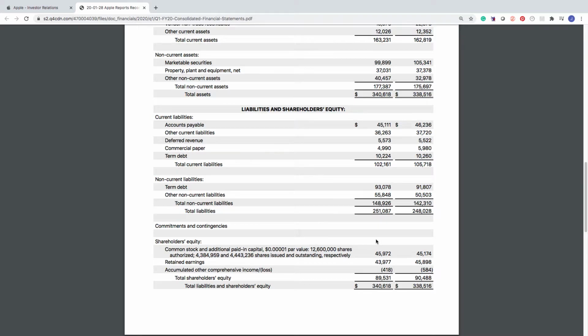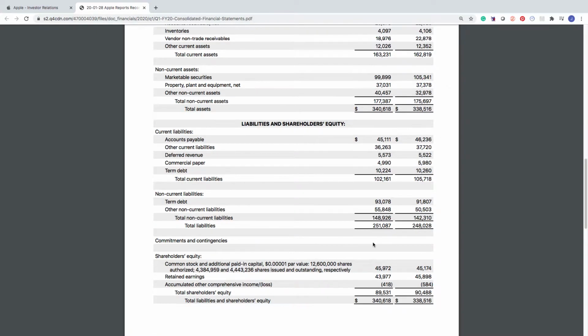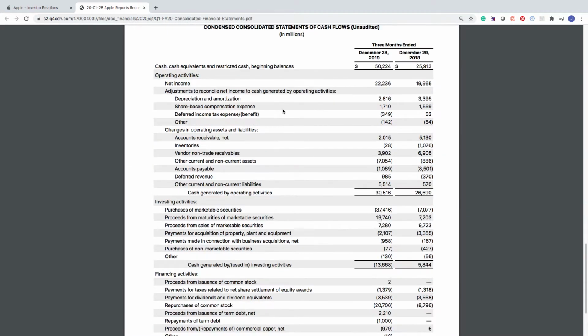So, because depreciation and amortization is not a real cash expense, we need to firstly add this back into the net income. And this is effectively what Apple has done right here. So we had net income right here. We add back the depreciation and amortization of 2.8 billion.